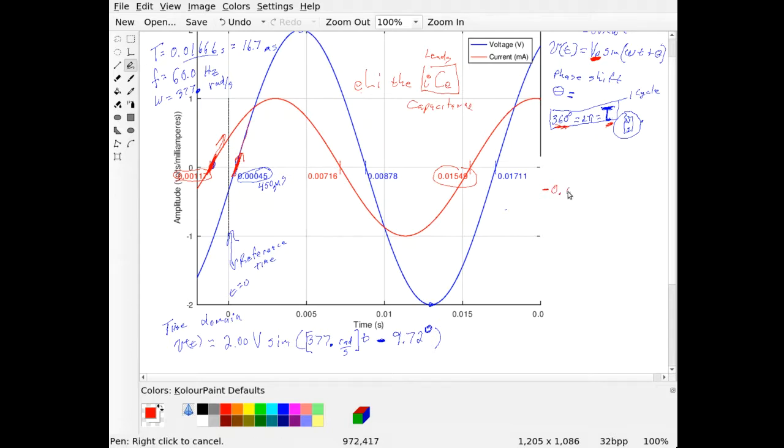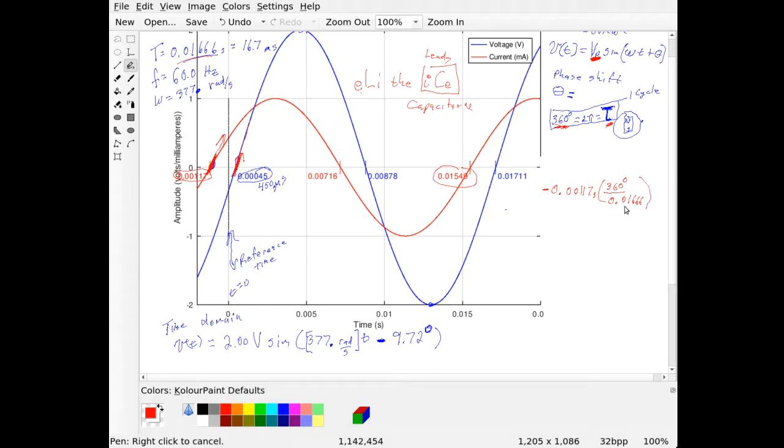So it's minus 0.00117 times, and that's seconds, okay, so I wrote that in seconds, times 360 degrees divided by the time in seconds, which is 0.01666.